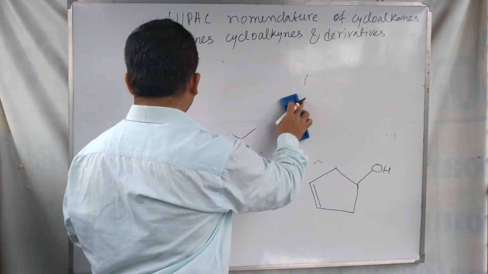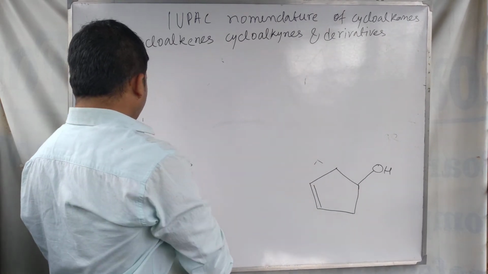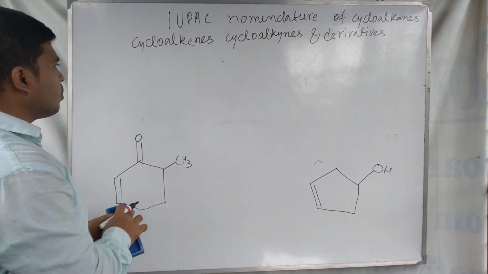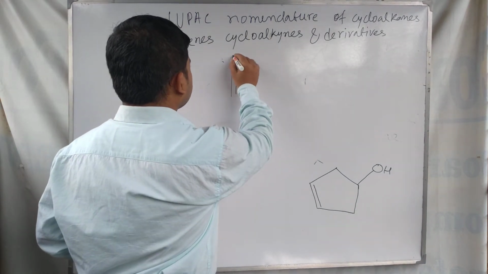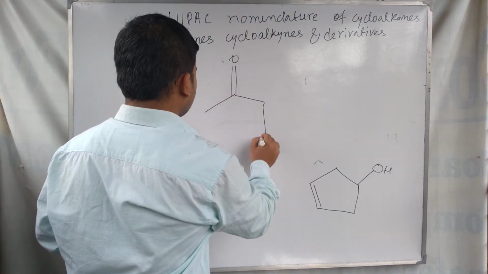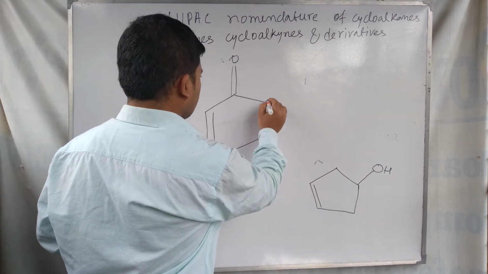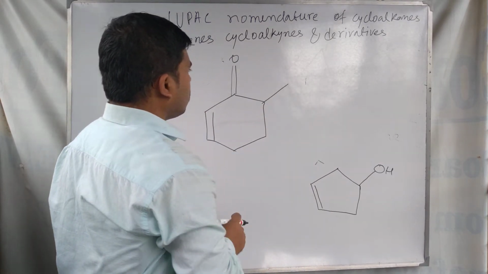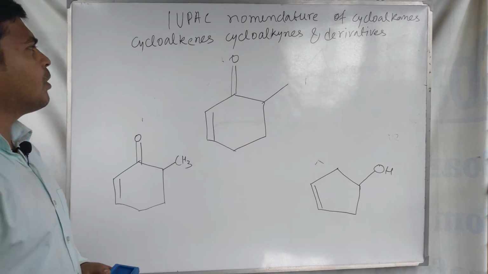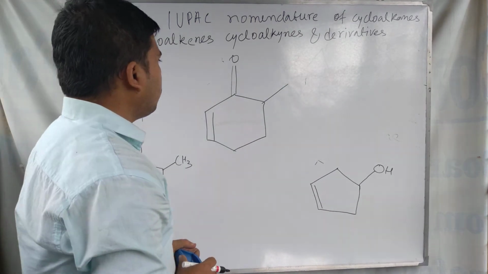As for example, if we talk about this molecule, this is a derivative of cycloalkene.